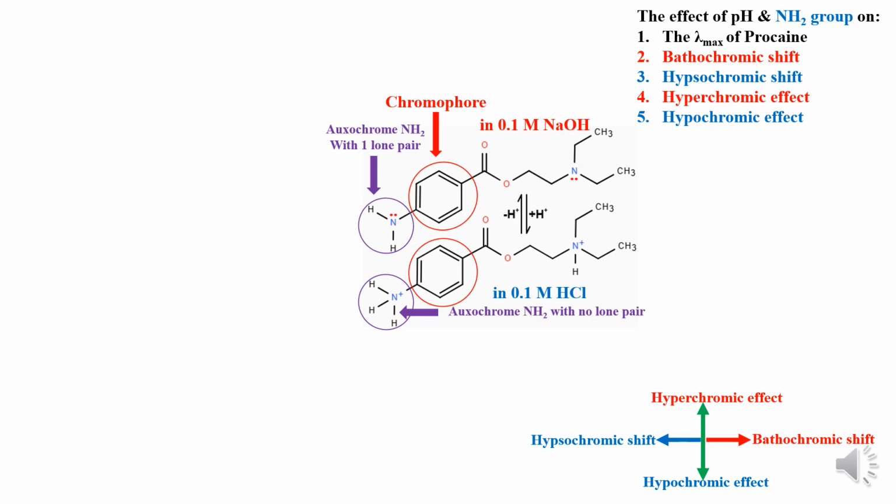And here in case of procaine, it is the primary amino group, where you find one lone pair of electron on the nitrogen atom of the primary amino group. And in the side chain of the procaine molecule, you find ethyl group, that is two ethyl groups are covalently bonded to the tertiary nitrogen atom with one lone pair of electrons.